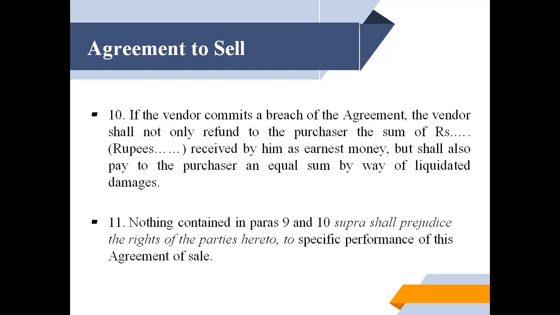If the vendor commits a breach of the agreement, the vendor shall not only refund to the purchaser the sum of rupees so and so received by him as earnest money, but shall also pay to the purchaser an equal sum by way of liquidated damages. Nothing contained in para 9 and 10 supra shall prejudice the rights of the parties hereto to the specific performance of this agreement to sell, meaning thereby you may put in the agreement to sell regarding the specific performance of the contract also, which is a remedy provided under the Specific Relief Act 1963.